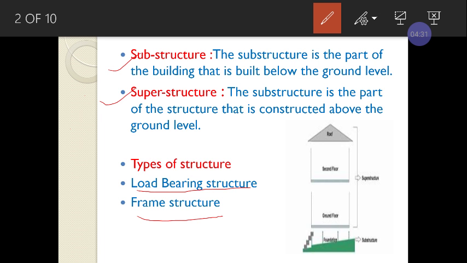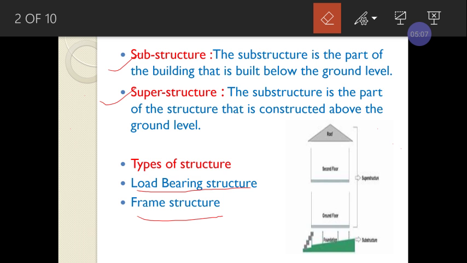The slab transfers the load to the beams, and beams in turn transfer the loads to the columns, and columns in turn will transfer the load to the foundations.